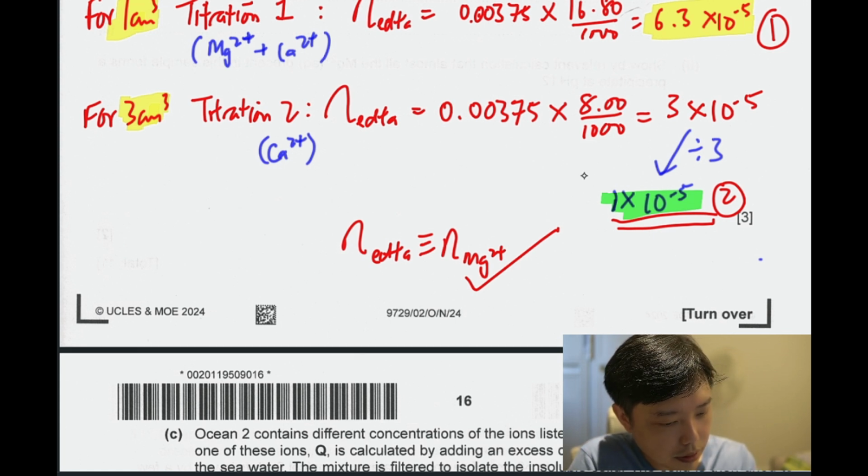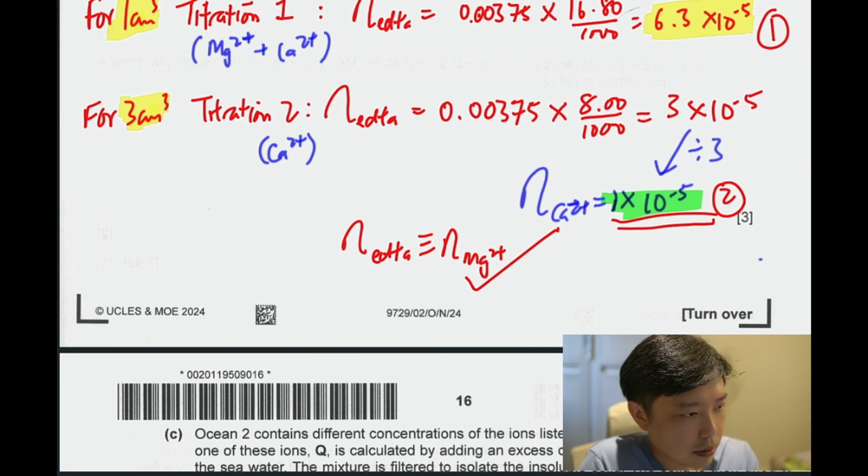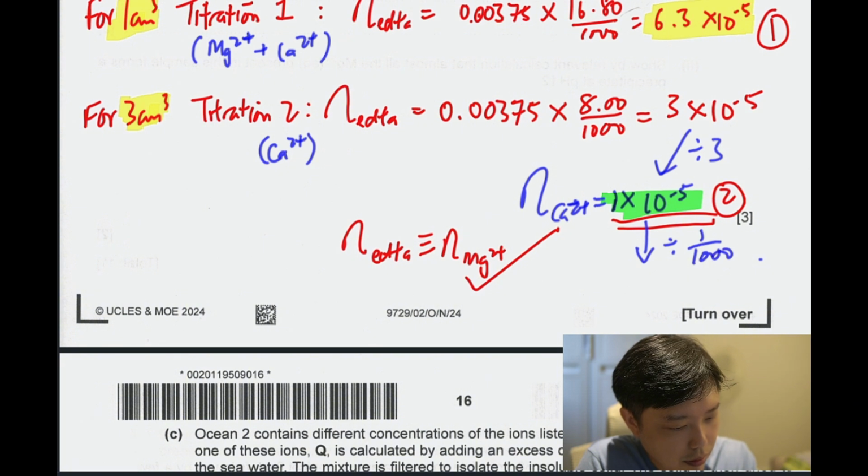So this is the number of moles of calcium 2 plus in 1 cm cube. So basically you need to divide by volume, divide by 1 over 1000. Then you will have your answer.